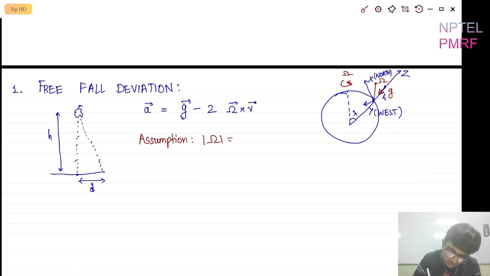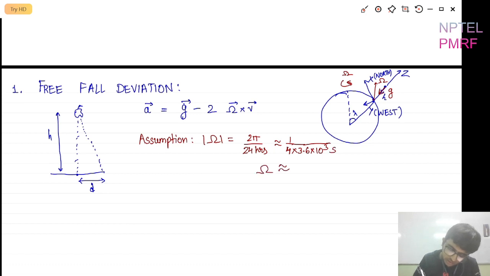The magnitude of omega is, we know, 2 pi divided by 24 hours. 2 pi is around 6, so 1 by 4, and 1 hour is 3.6 into 10 raised to 3 seconds.